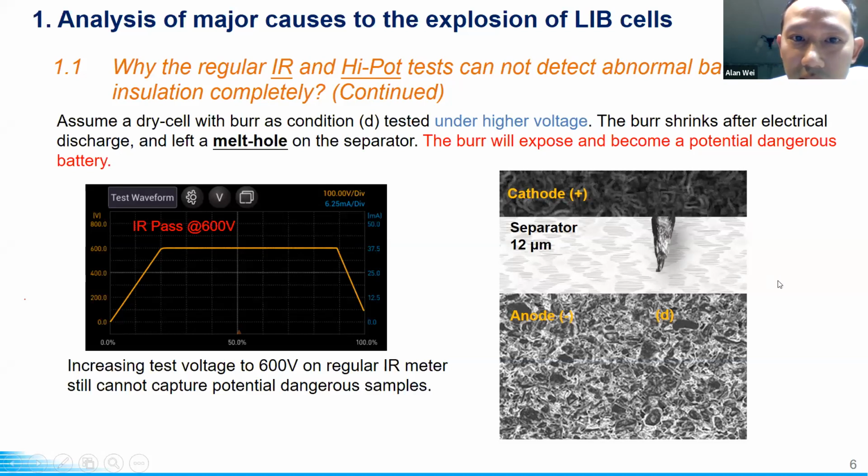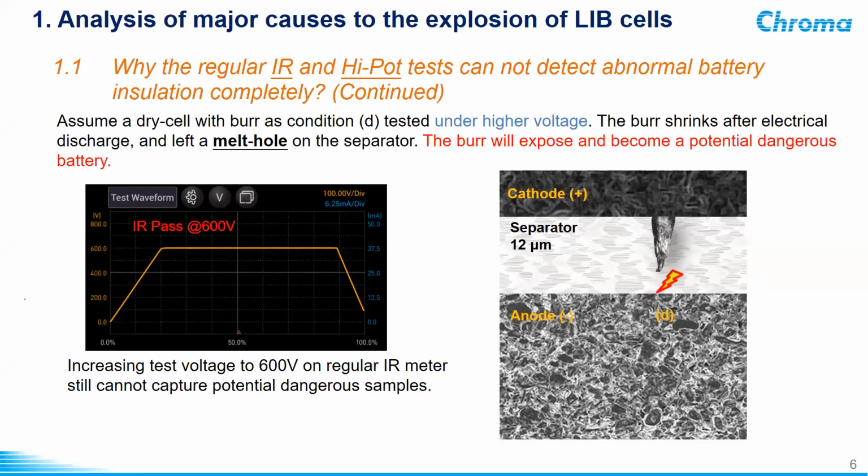We apply, for example, 600 volts, and what will happen? According to the breakdown voltage of air, we know if we apply 600 volts here, there will be a discharge in this kind of defect. Then the discharge will cause the separator to melt because of the heat.